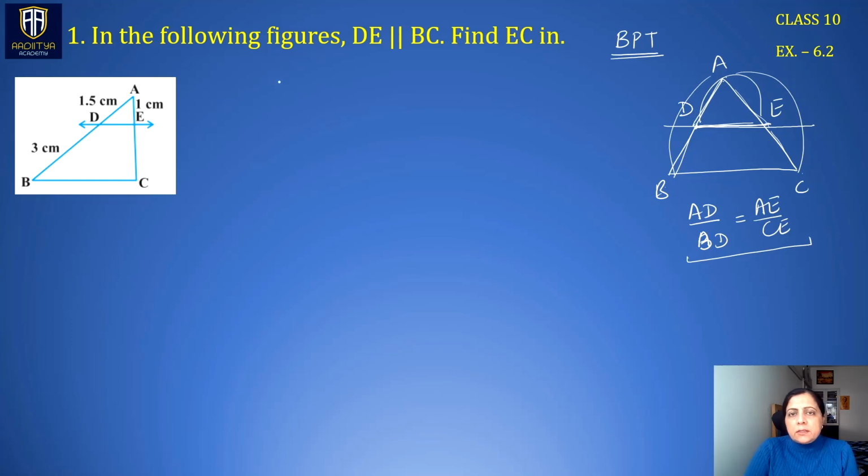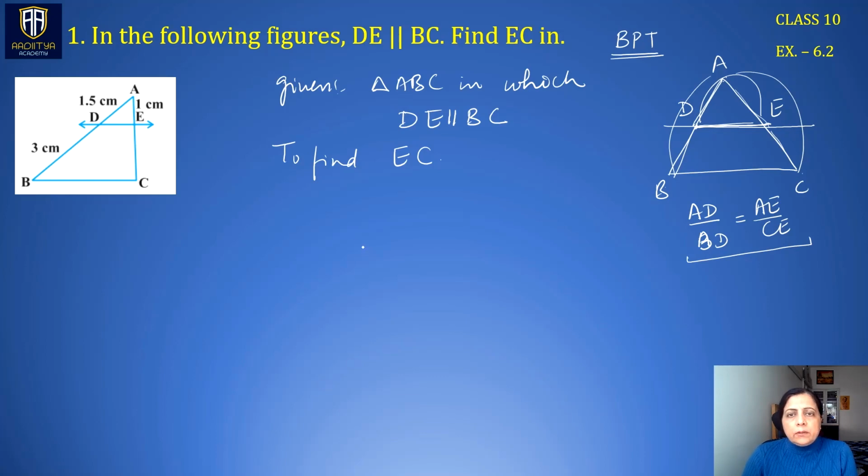In this, it is given that triangle ABC in which DE is parallel to BC. And we have to find the length of segment EC. Right? So here we start our solution. In triangle ABC, DE is parallel to BC.